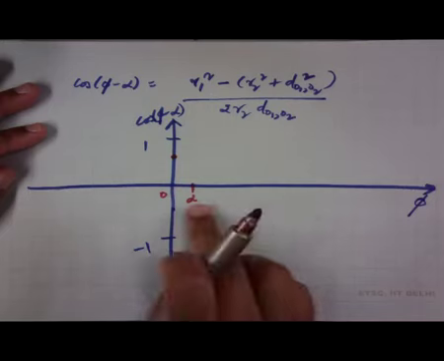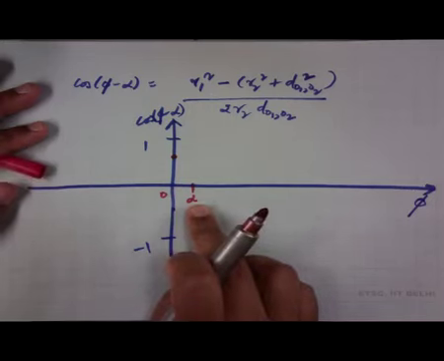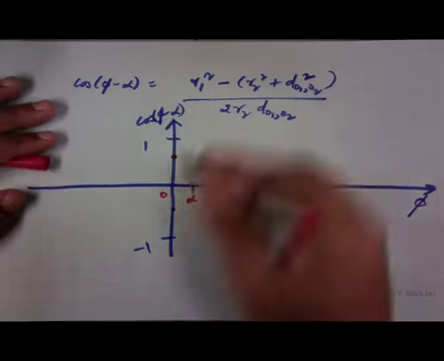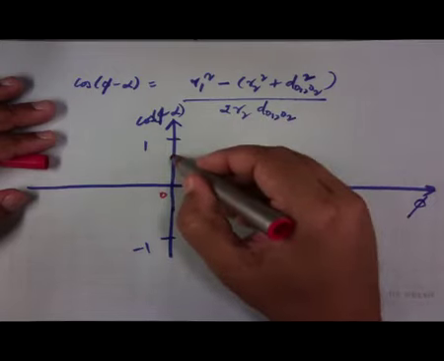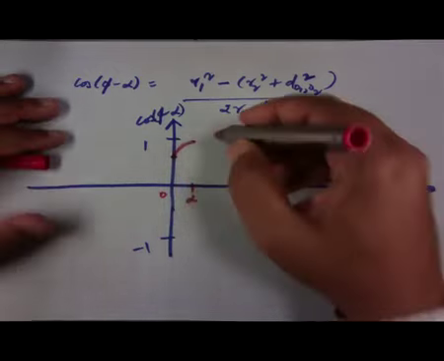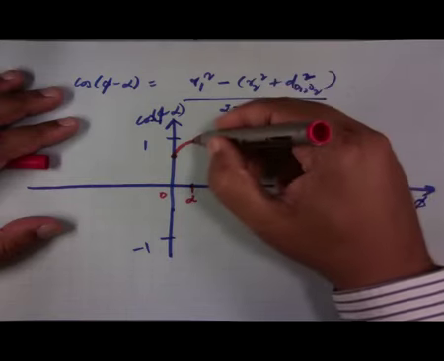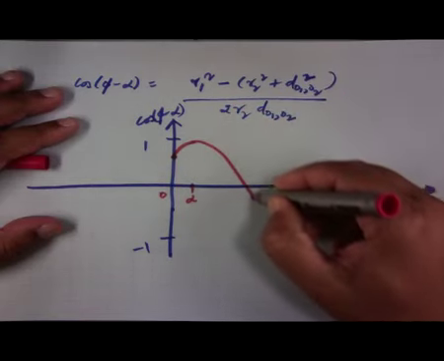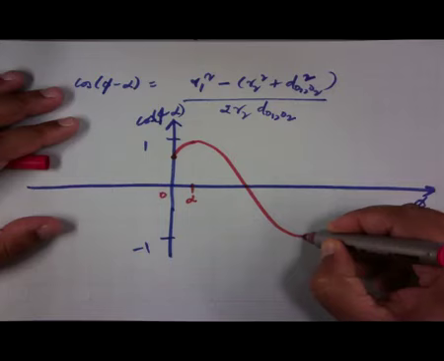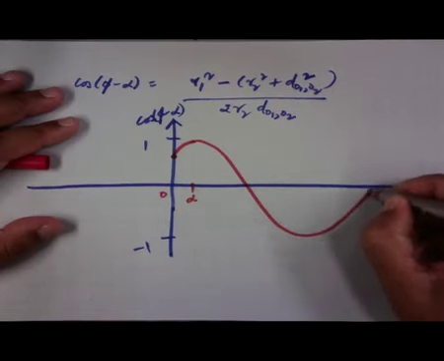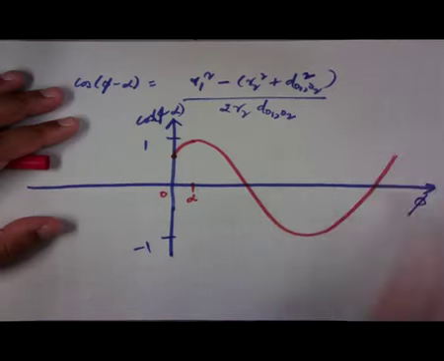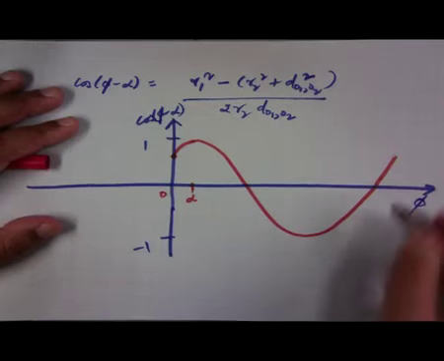When phi is alpha, cos of phi minus alpha will attain its maximum value of 1. So, let us say we have something like this. So, this is one complete cycle.